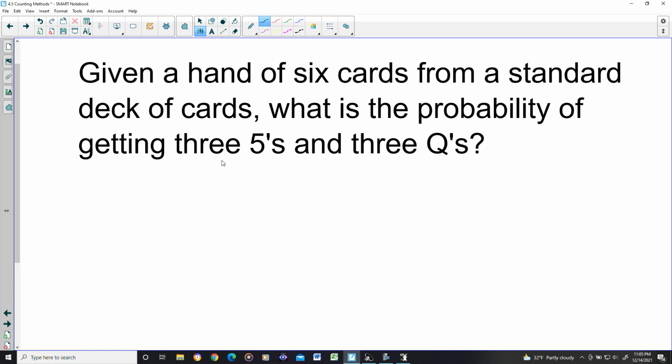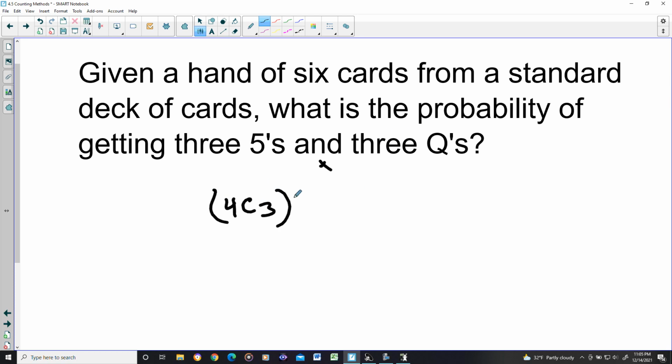So same idea here, right? Successes out of totals. And means multiply. So 3 fives. Now here it's a specific value, right? Out of the fives, there's 4 fives, and we're getting 3 of them. 4 choose 3. Those are my fives.